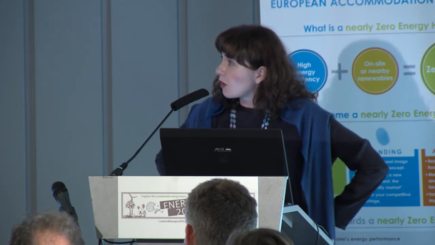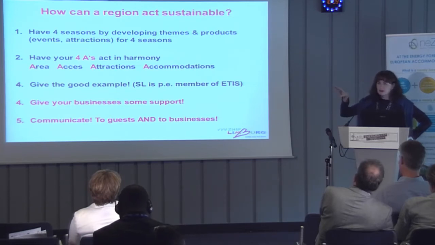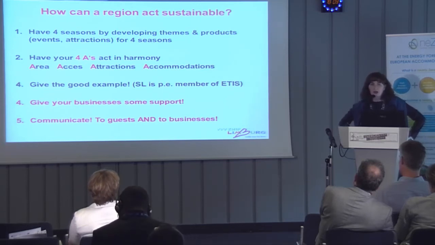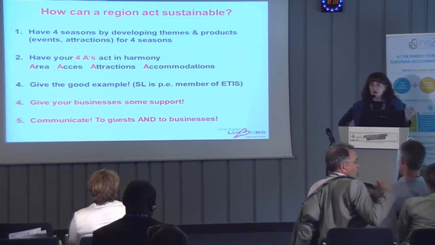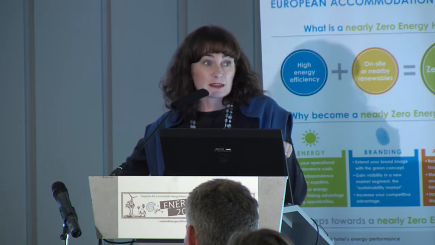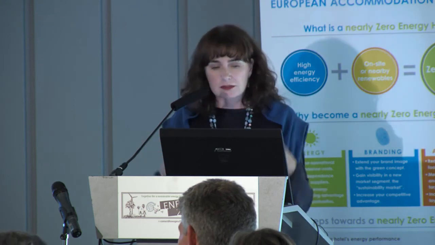And prices go up and you get too much water use at the same time, etc. So first, work for 4 seasons. Have them come in special periods. And we did well, because 20 years ago we had 80% of our overnights in June and August. Now we have more overnights in December than in August. So we did a good job in turning seasons.